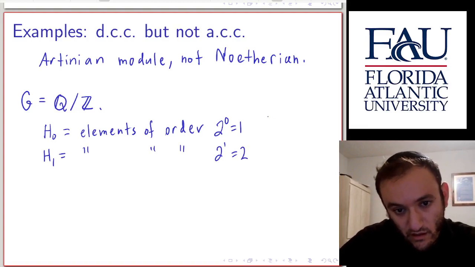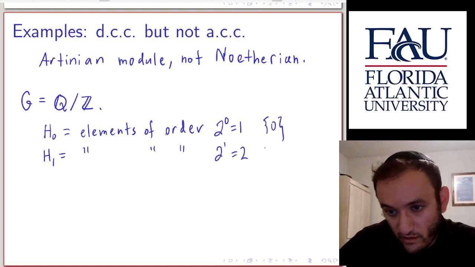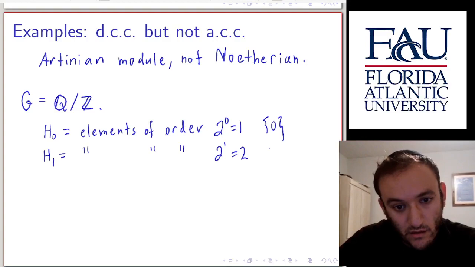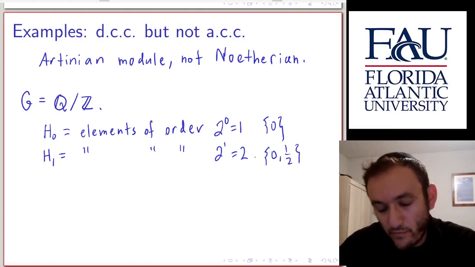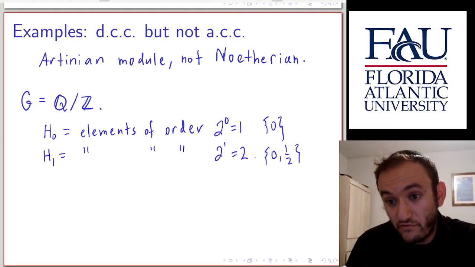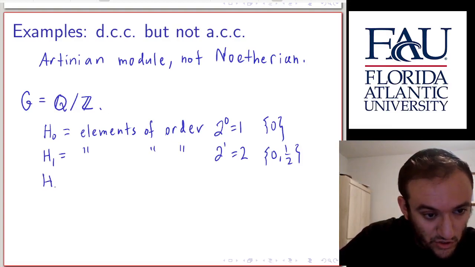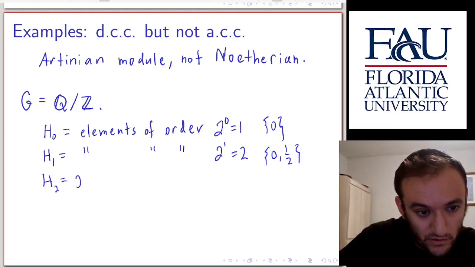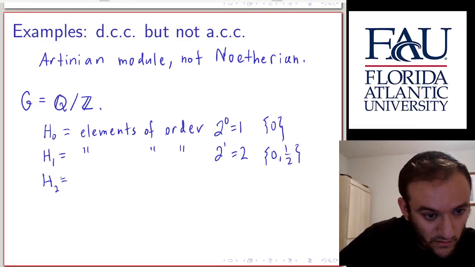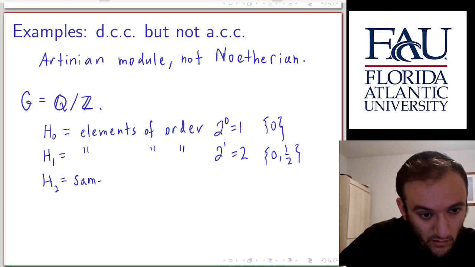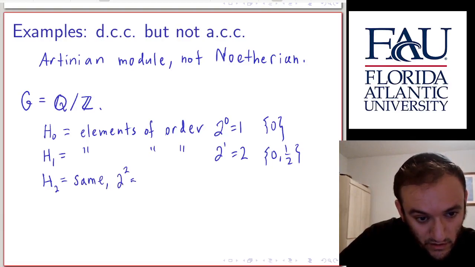Here you're thinking of the 0 element. That's the only element of order 1. Here it's 0 and a half. And obviously we're talking about these as representatives of the elements in the quotient group. Okay, so H2 is the same, but with 2 squared equals 4.